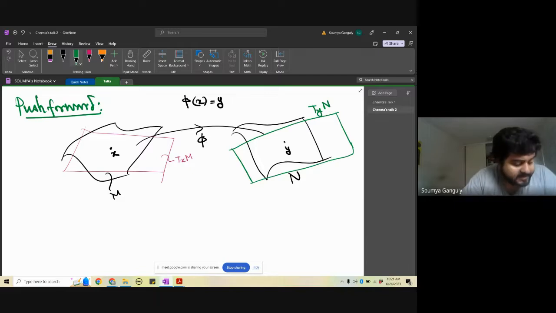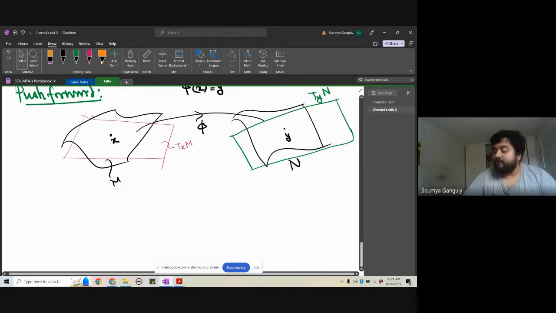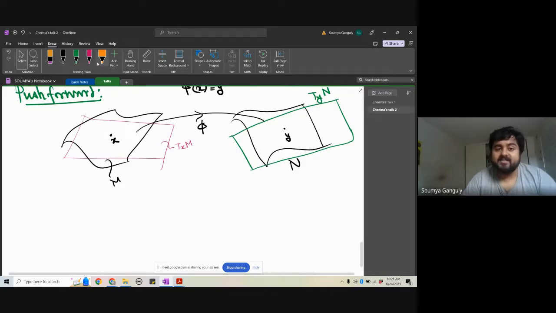So in that case, how do you define this map that is induced by phi on the tangent spaces? Well, for that we have to know how it acts on tangent vectors. So suppose you have a tangent vector, for example lambda here.